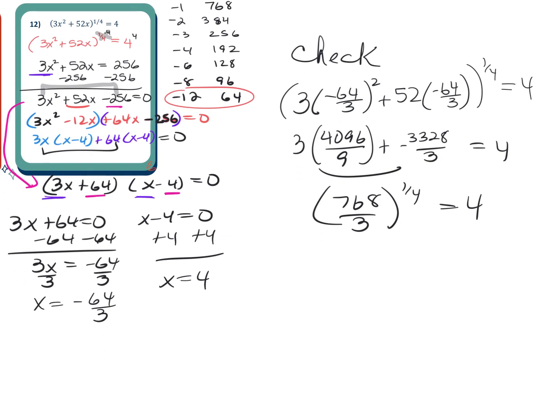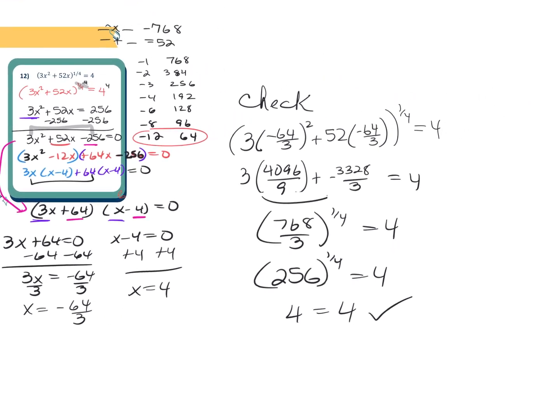And then I can go ahead and divide this, and I get 256. And then 256 raised to the 1/4 power. Remember, this is finding the 4th root of 256, which is 4. So this one checks. Then for the next one, I need to plug in positive 4.